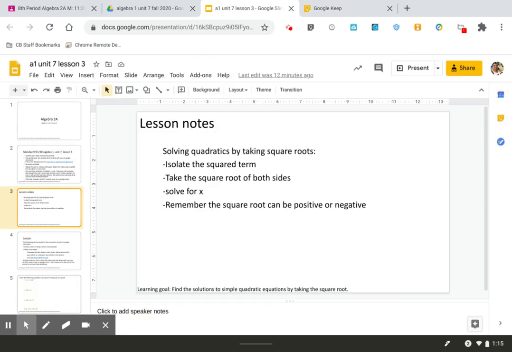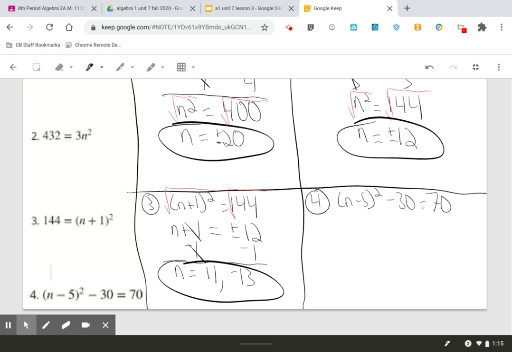Last example, again, isolate the squared term, which means I need to isolate this part here. To do that, I need to add 30 to both sides, because that will make that go away. So I'll have n minus 5 squared equals 100.